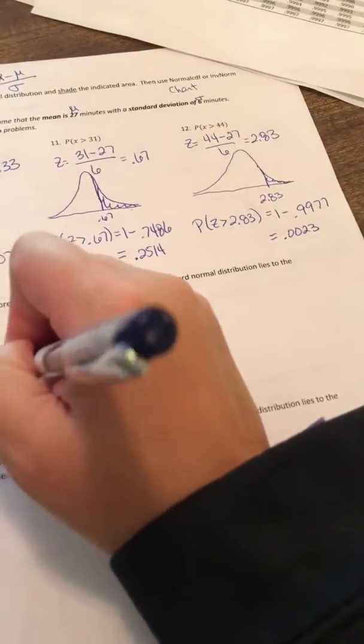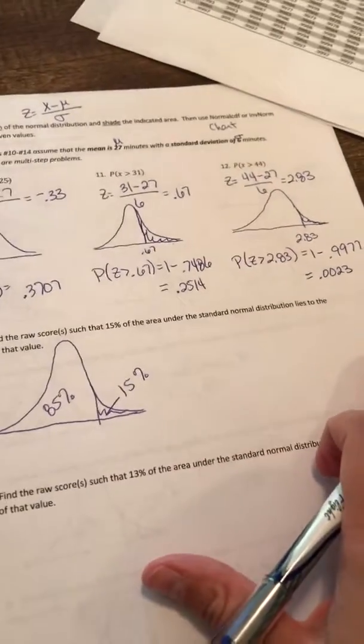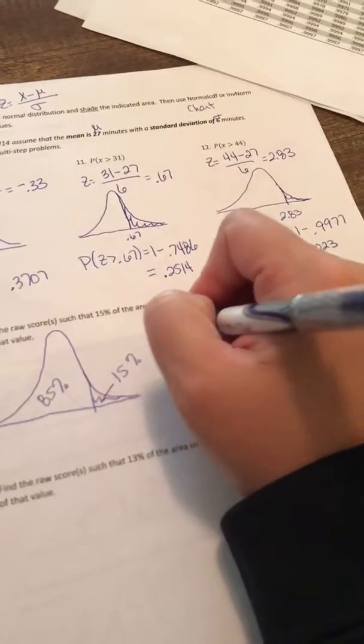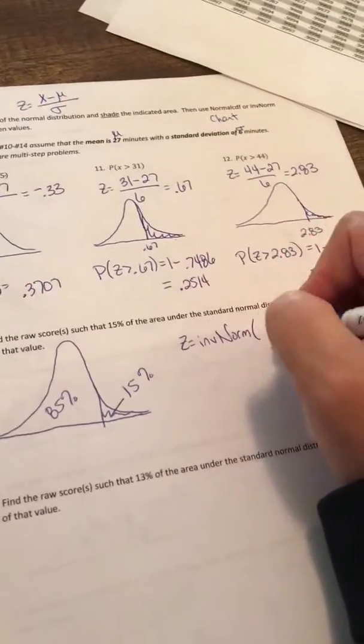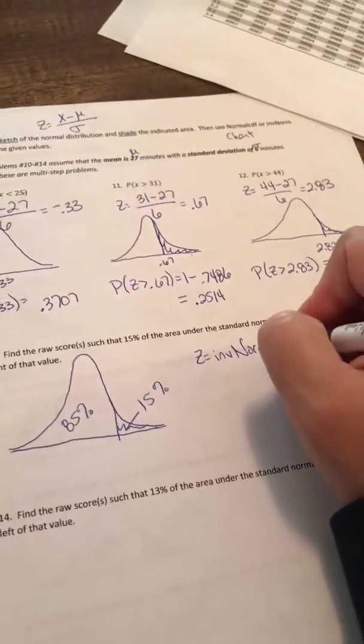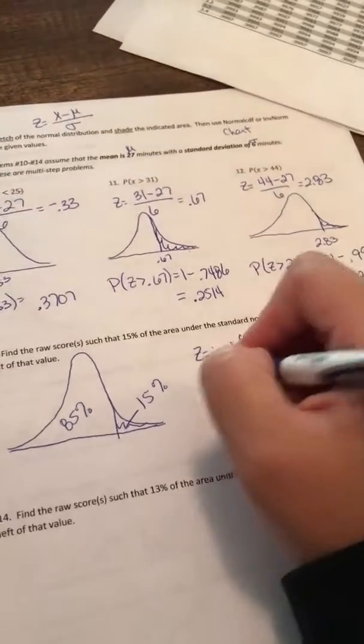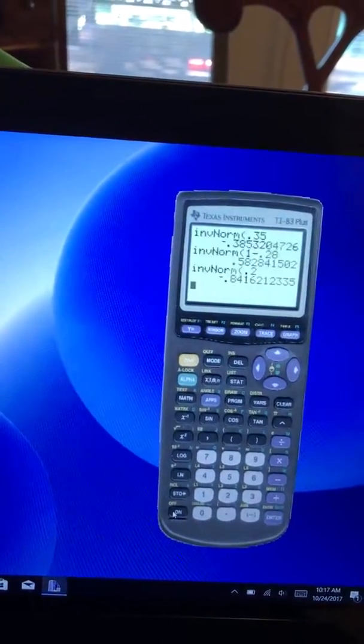So if there's 15% to the right, that means there's 85% to the left. So to find z, you do the inverse norm of the area to the left, which is 0.85, or 1 minus 0.15, however you want to type it in.